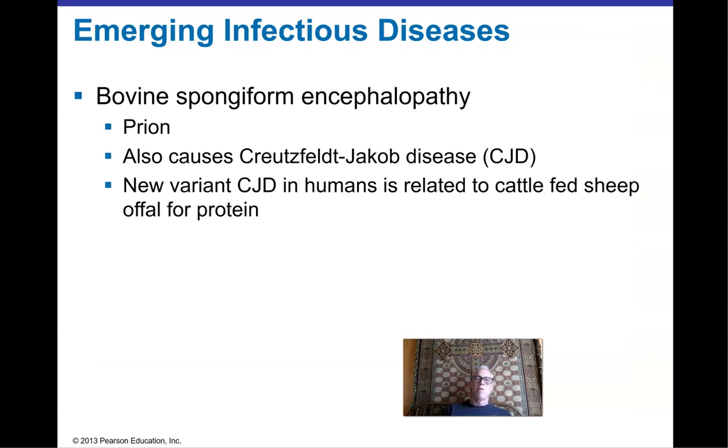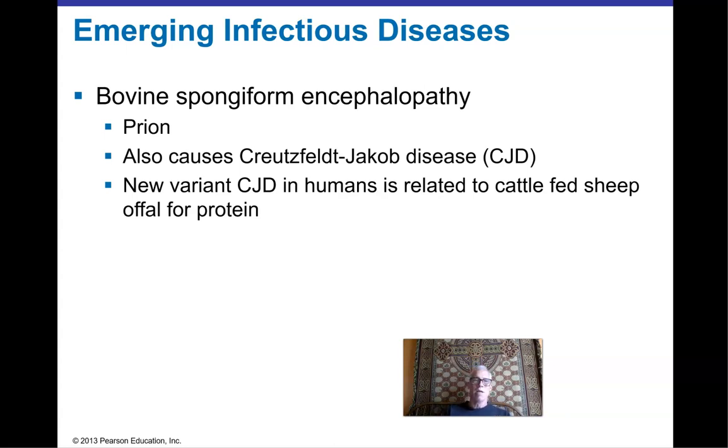Bovine spongiform encephalopathy. A prion, or prion, depending on your choice, is just a protein, a chain of amino acids that can infect a body and cause disease. Can you imagine? That's all it is, a protein that somehow can be ingested.